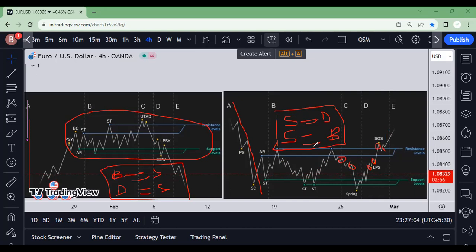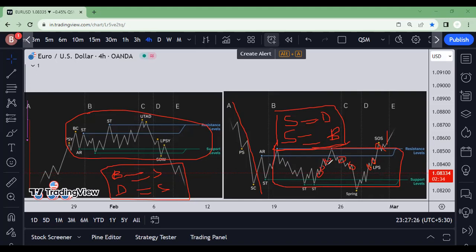So can this schematic only be applied to a certain set of price? Can this application of accumulation and distribution take place at every twist and turn?